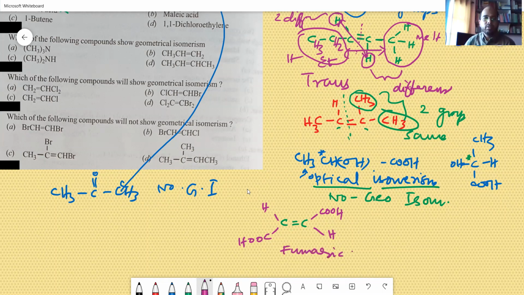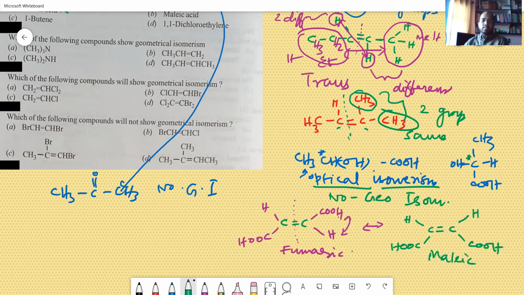In the cis compound you have both the COOH groups on the same side. Same side means not across. These two things will change. The isomer of this is HC double bond CH, with COOH and COOH. So this is malic.